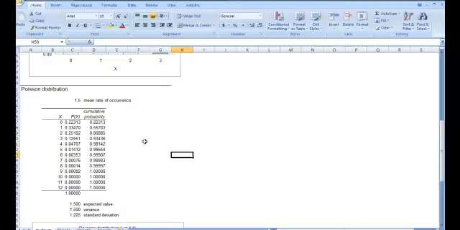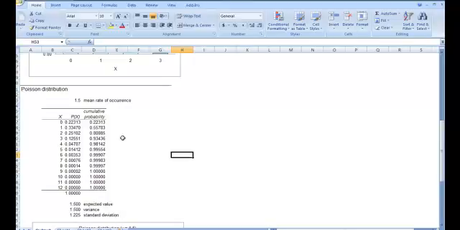Well, what about this cumulative probability column? We could use that to tell us, for example, what is the probability that at most 3 errors are found in the 100 pages of a new textbook?